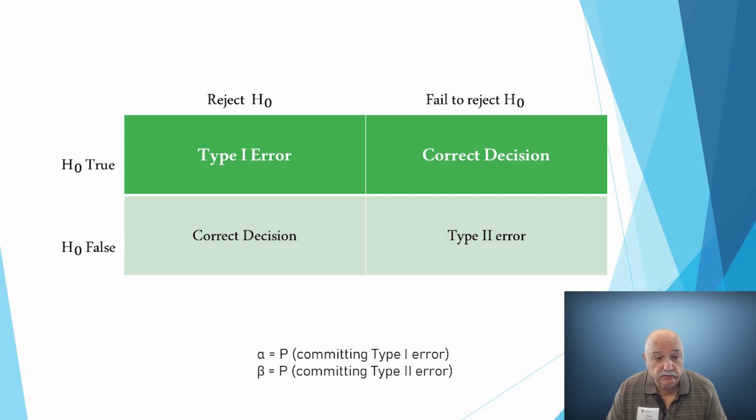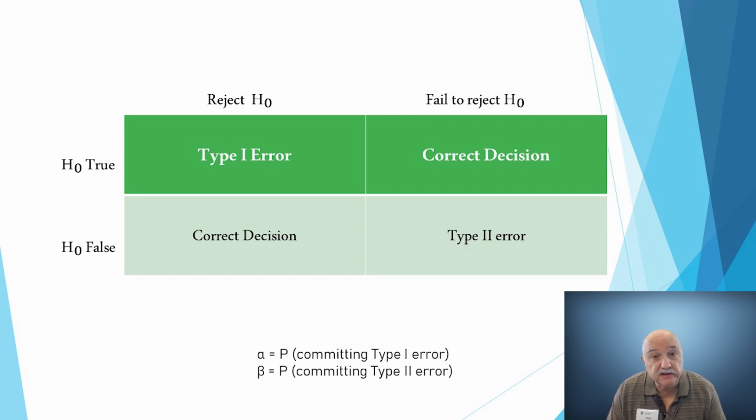So just to refresh everyone's memory, let's take a look at this slide. If the null hypothesis is true and we reject it, we've made a mistake. We've committed what's called a type 1 error. Whereas if the null hypothesis is true and we fail to reject it, that indeed is a correct decision.